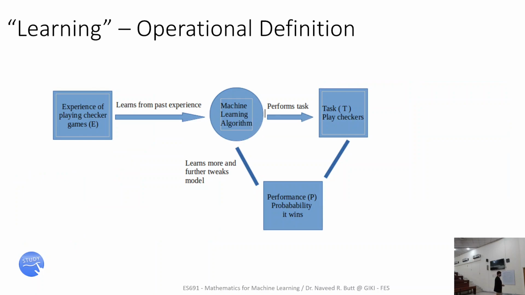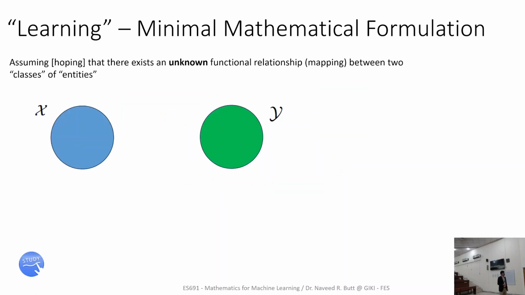Now this again gives you the same idea, just in a slightly different diagram. Now let's put it in a bit of mathematics. Learning, minimal mathematical formulation. I'll tell you why I call it minimal at this stage. This you will recognize better.